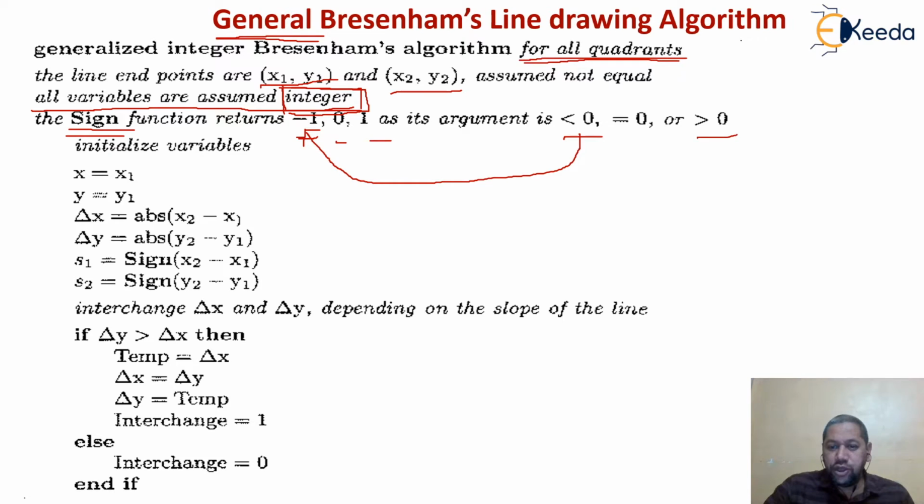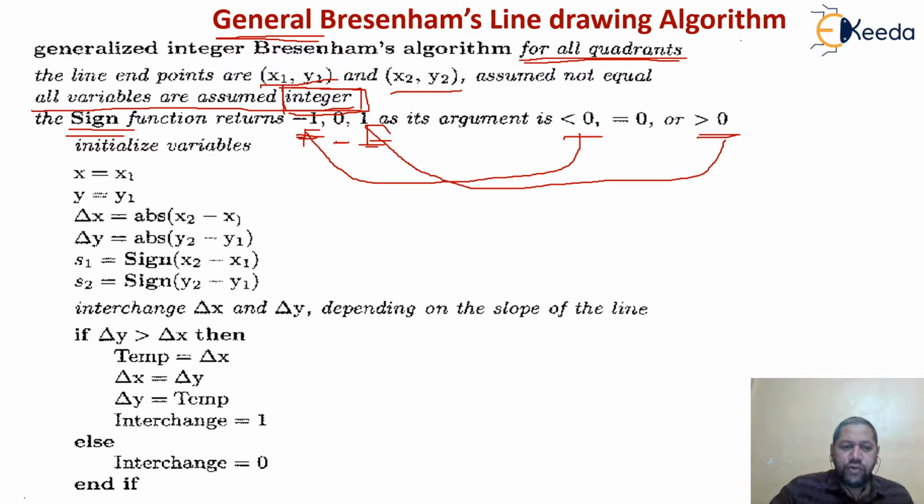If it is greater than 0, meaning the value is positive, it returns 1, indicating that my value is incremented. So the sign function is used to decide whether I add -1, add 0 (not incrementing or decrementing), or add +1. That's why I have this function.